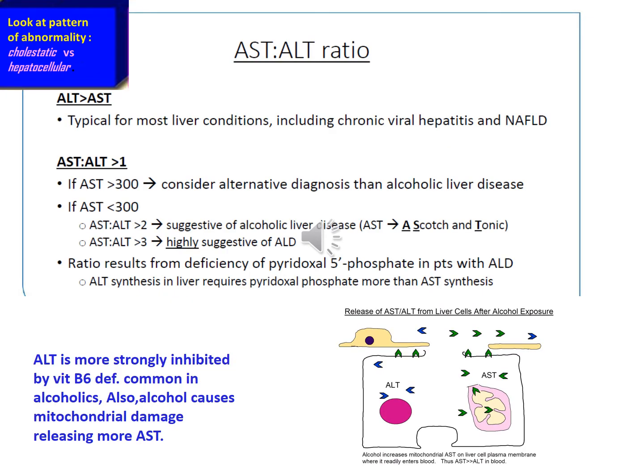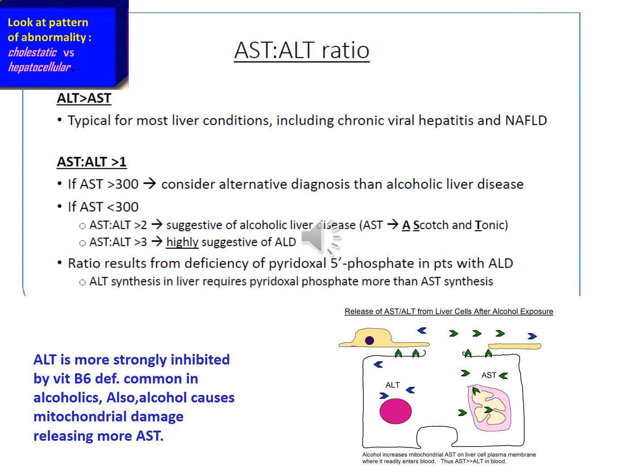The AST to ALT ratio is another important pattern to recognize the pattern of change in liver biochemistry. The commonest pattern in most hepatocellular diseases is an increase in ALT rather than AST. This is typical for most liver conditions, including chronic viral hepatitis and NAFLD.